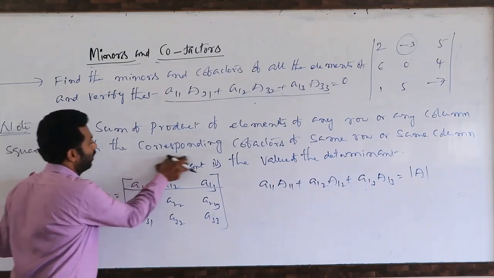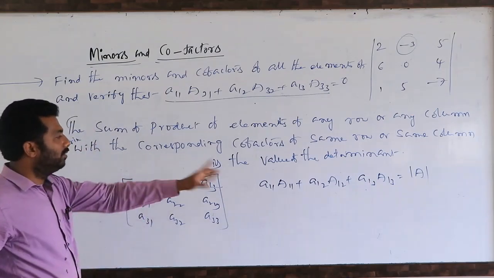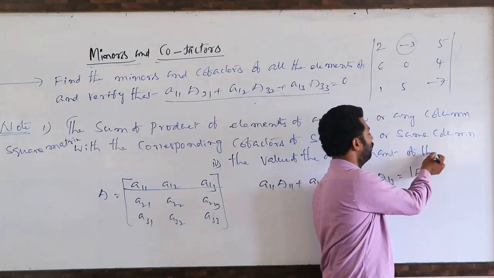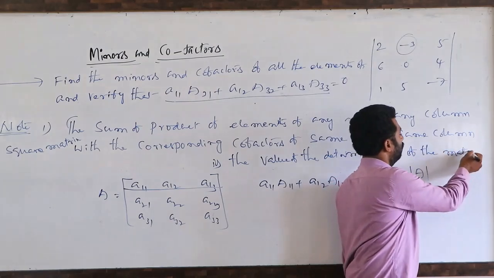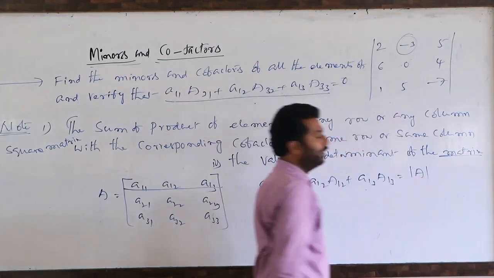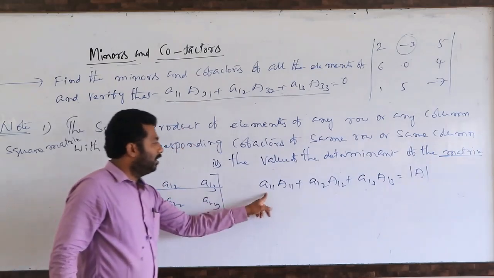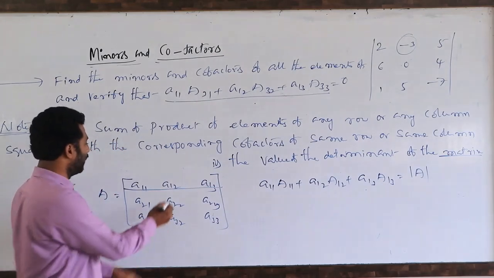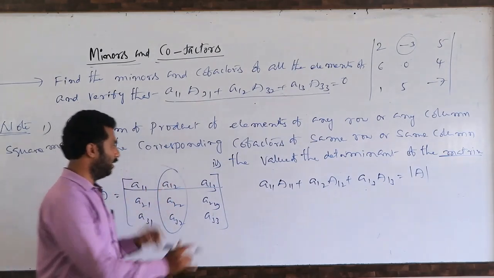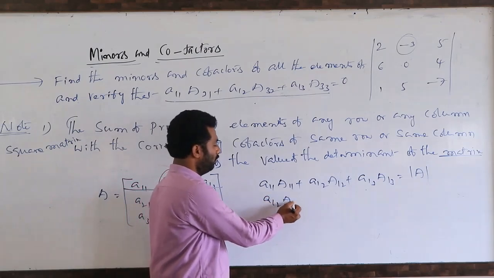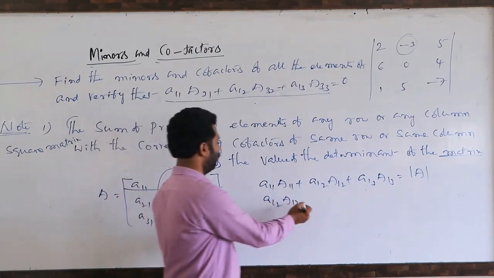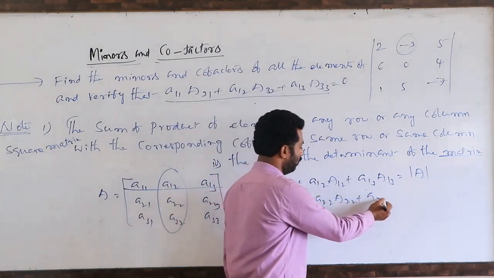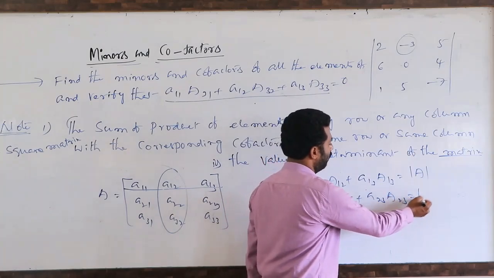This is the value of the determinant of the matrix. So this is most important. See here, the sum of the products of elements of any row or any column. Suppose I take the second column: A12 into capital A12 plus A22 into capital A22 plus A32 into capital A32.